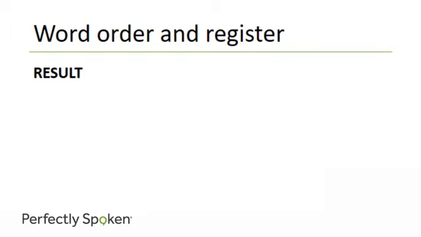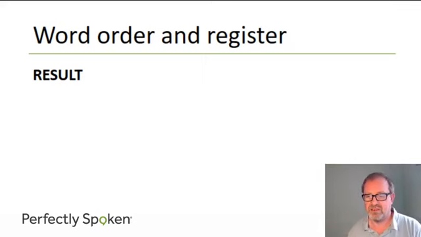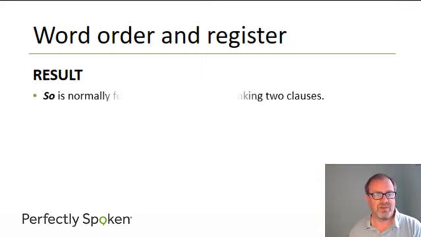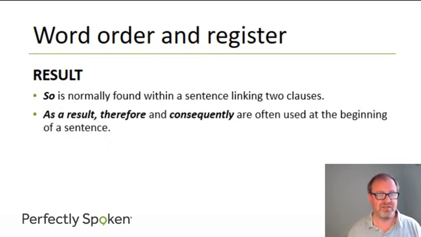So first of all, let's look at the expressions that talk about result. Okay? If you can remember what they are. So is normally found within a sentence linking two clauses together. As a result, therefore, and consequently are often used at the beginning of a sentence.